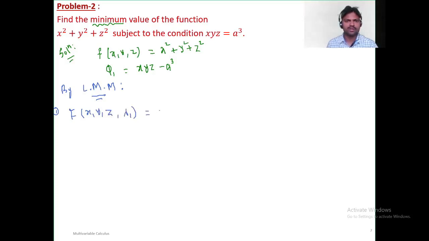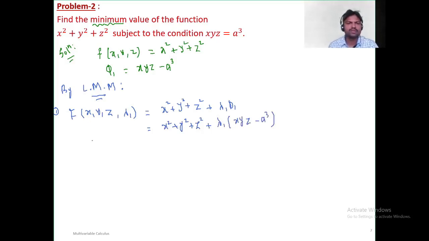So it is x square plus y square plus z square plus lambda 1 into the constraint x, y, z minus a cube. This is the auxiliary equation.